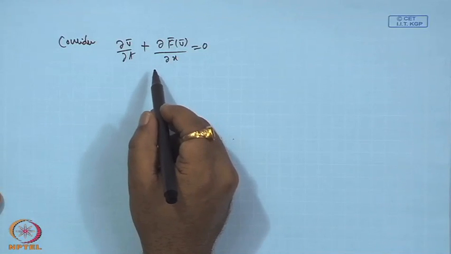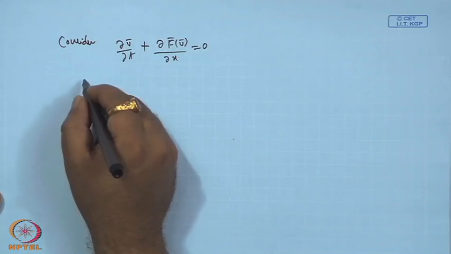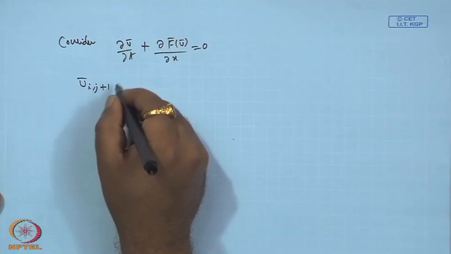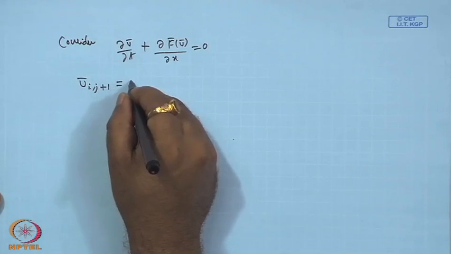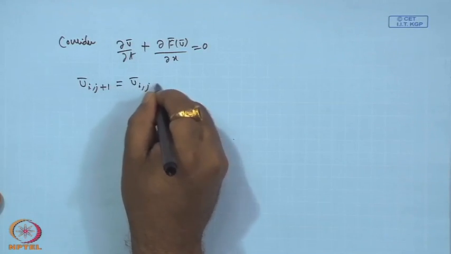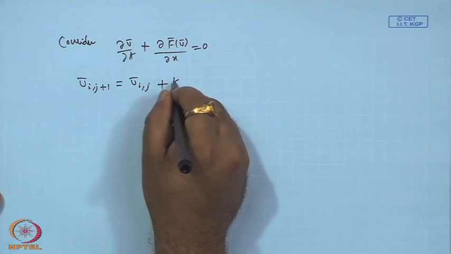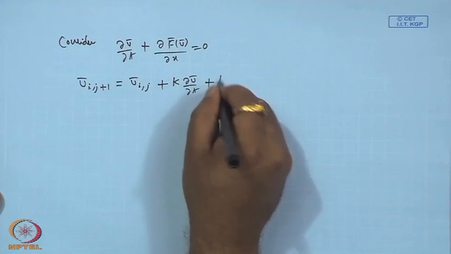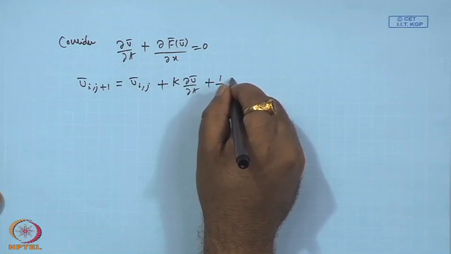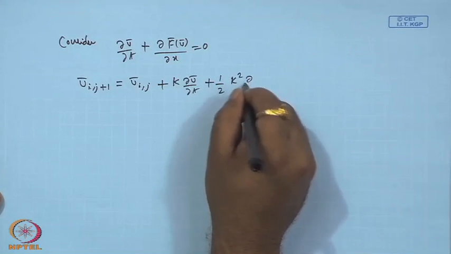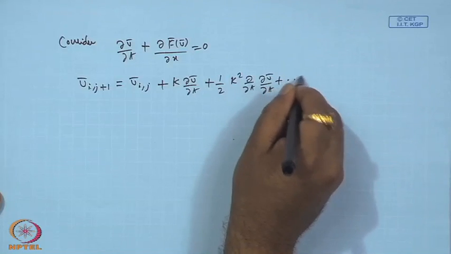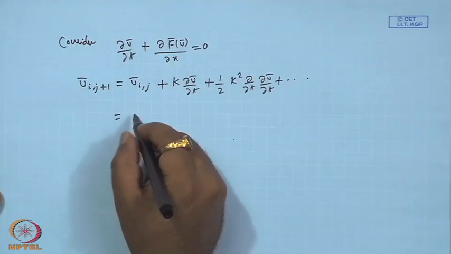So, if this is in the standard form, then we get... again we make use of this.